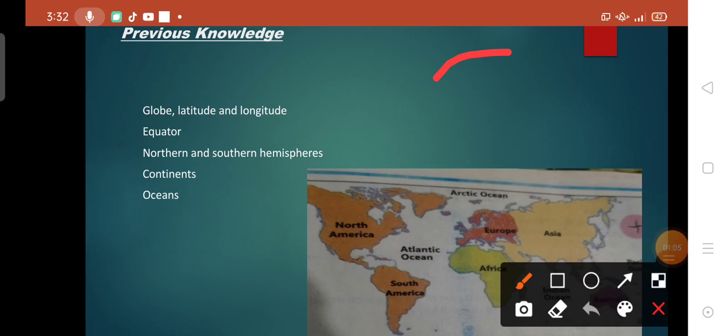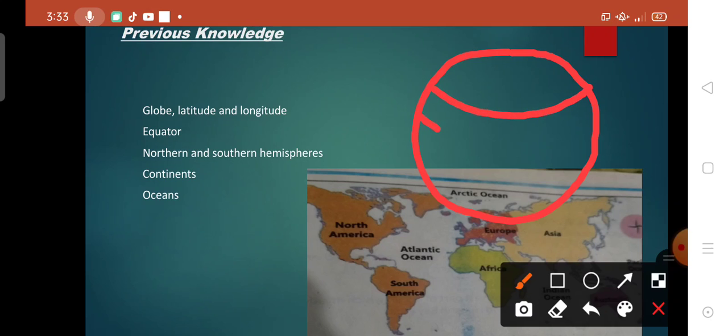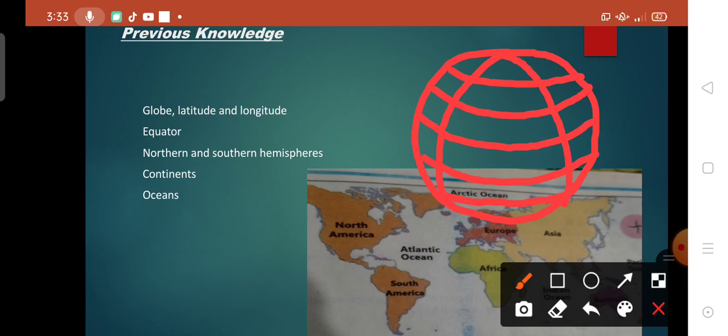Like this is a globe, and on the globe we have some horizontal lines which are known as latitude, and here we have some vertical lines which are known as longitude.